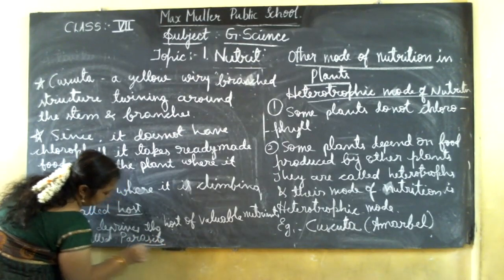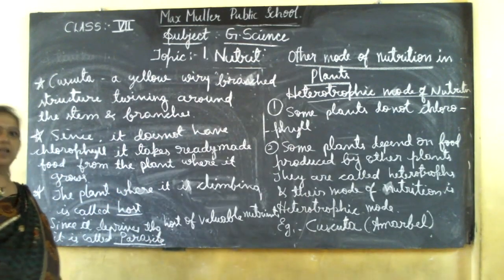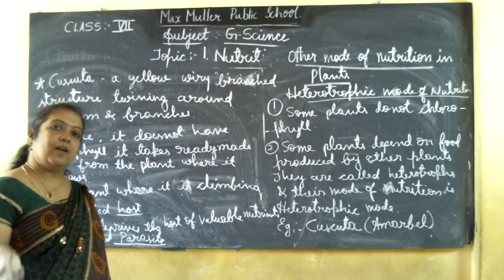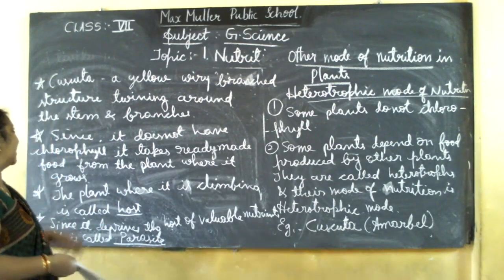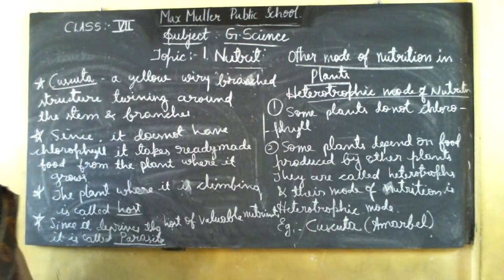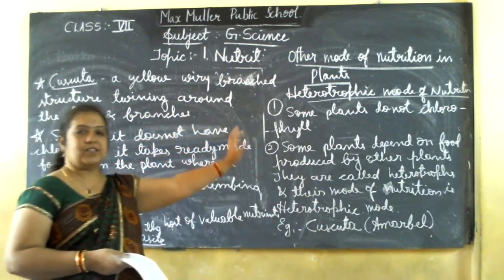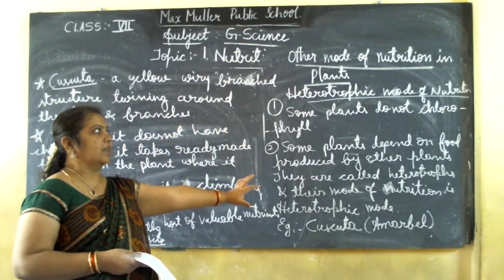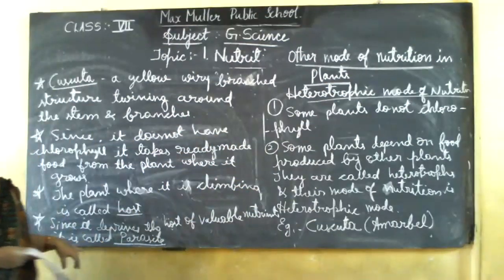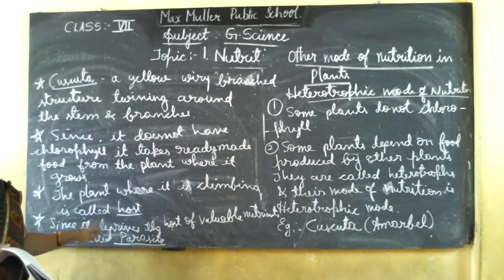Maybe you have heard this word. Parasite means depending on others for food. So Cuscuta is also called a parasite. So what is the heterotrophic mode? The first mode we have learned, by taking the example of Cuscuta, is the parasitic mode. So this is the first, parasitic mode of nutrition.